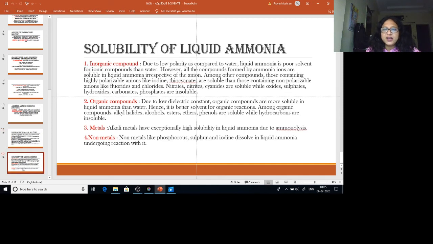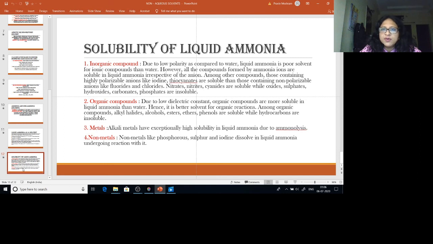Solubility in liquid ammonia. Let us see the solubility in inorganic compounds, organic compounds, metals and non-metals. Everybody knows what solubility is. When a substance is placed in a solvent, it gets completely dissolved, partially dissolved, or remains undissolved. Due to low polarity compared to water, liquid ammonia is a poorer solvent for ionic compounds than water.